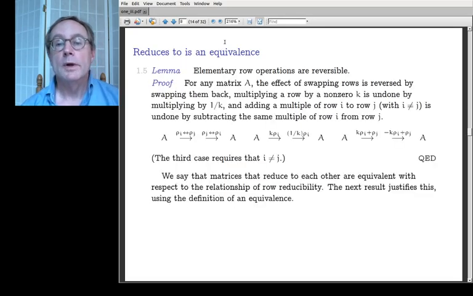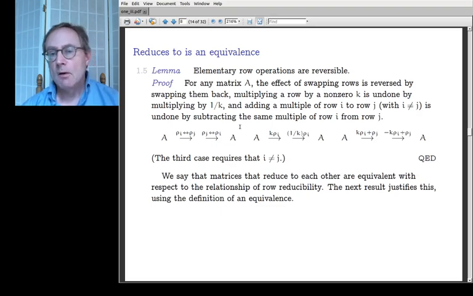So we say that matrices reduced to each other are equivalent with respect to row operations. It's a little awkward phrase, but the point is that I'm asking you to not necessarily think of the reduced matrices as somehow later or lesser.